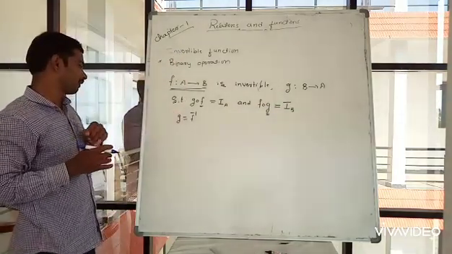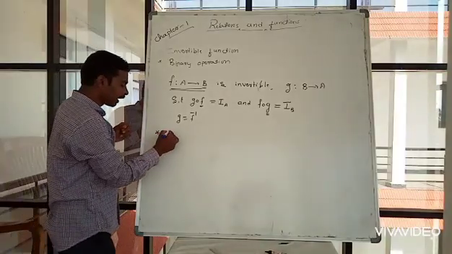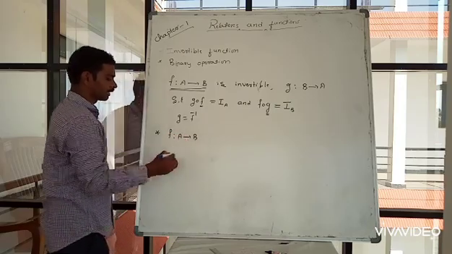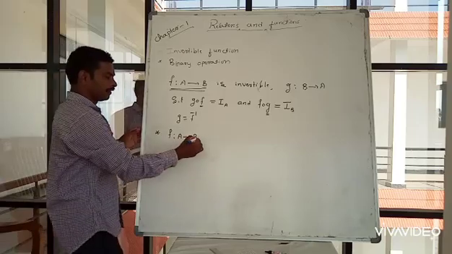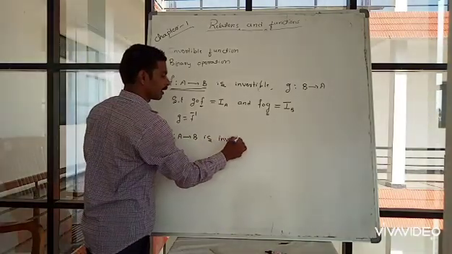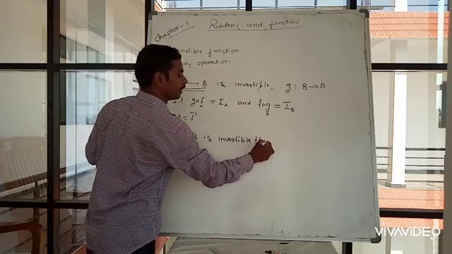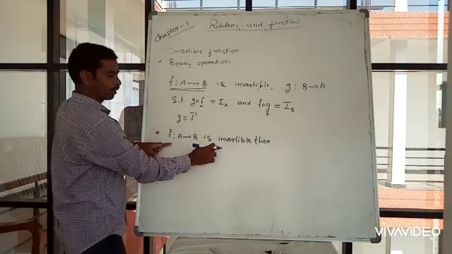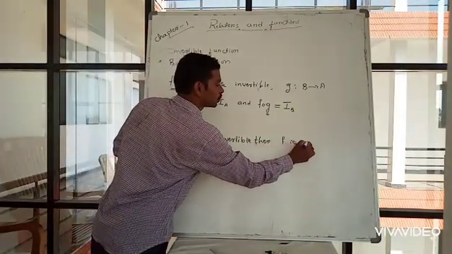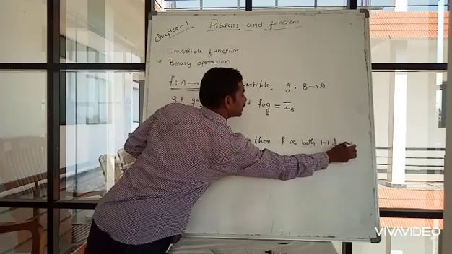From this it is very clear that if f is a function from this set capital A to this set capital B and it is invertible, then this function f must be both 1-1 and onto, right?